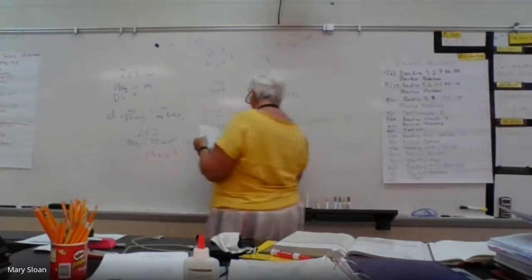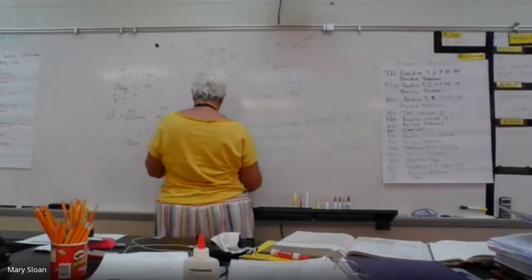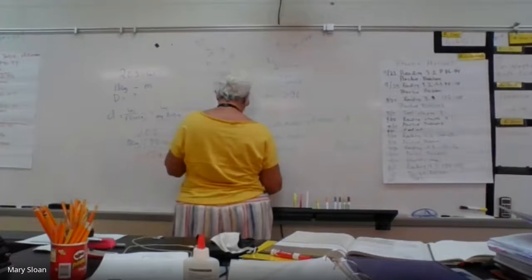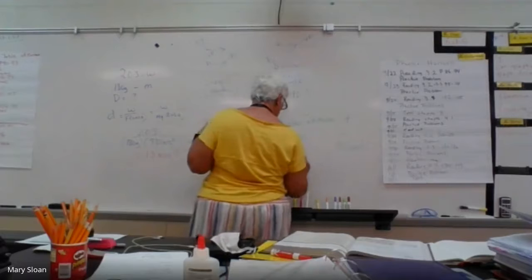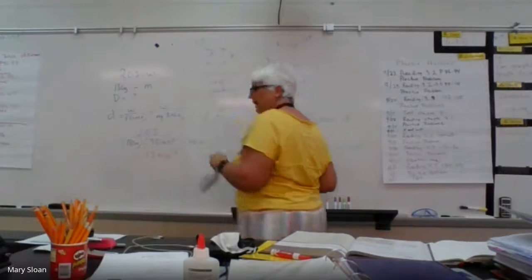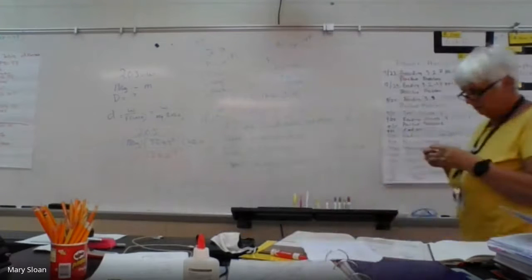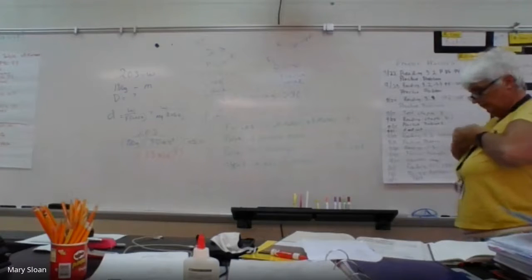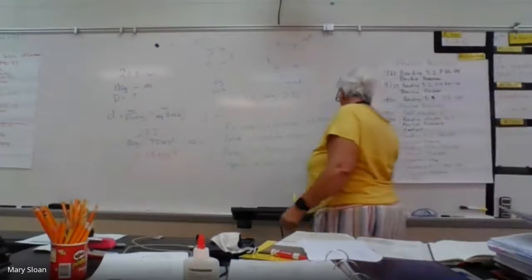And then the last one, the object is not in motion. Do you think that's work or no work? If it's not in motion, wouldn't it be no work? No work. Perfect. Thank you, baby.